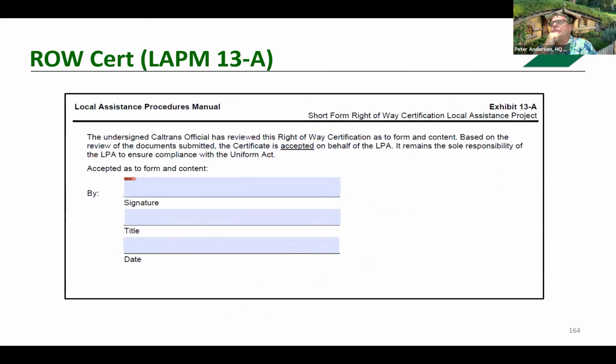So it is truly approved by the local agency. But like I said, we have review, and if we don't accept it, we're basically going to tell the agency you need to correct certain things. So it's a little different language. I'm not sure why, but that's just the way it is.